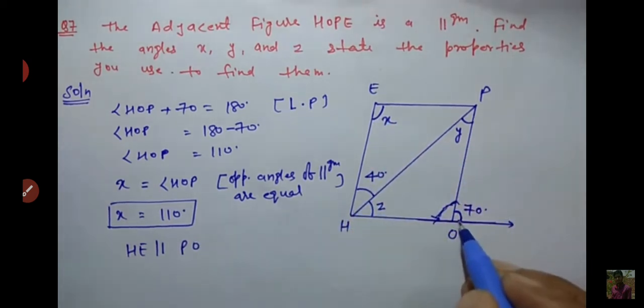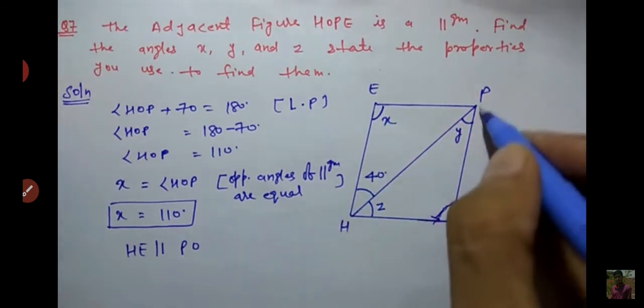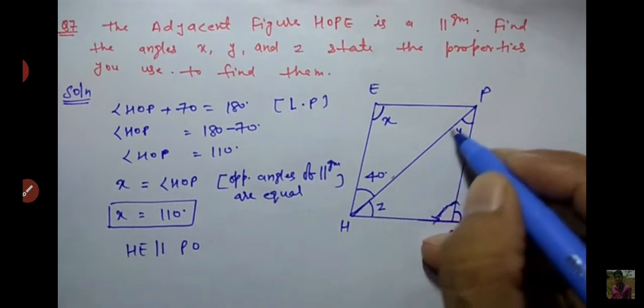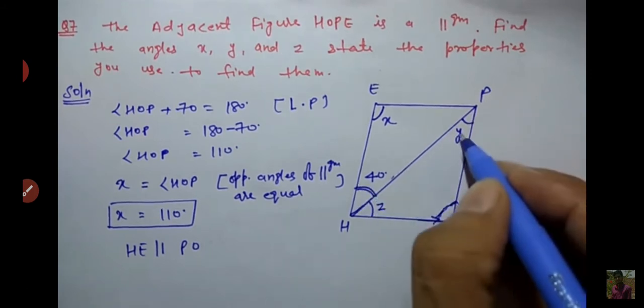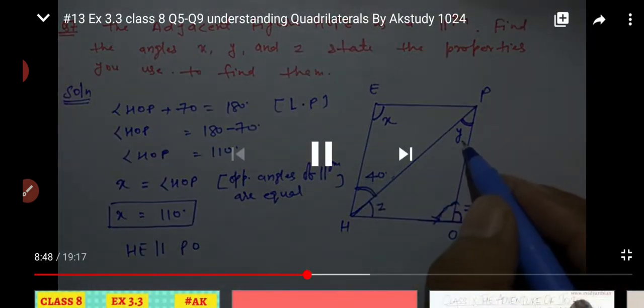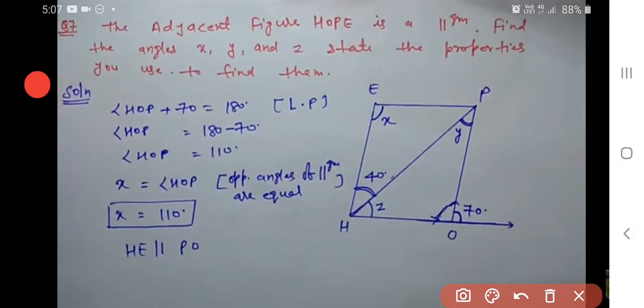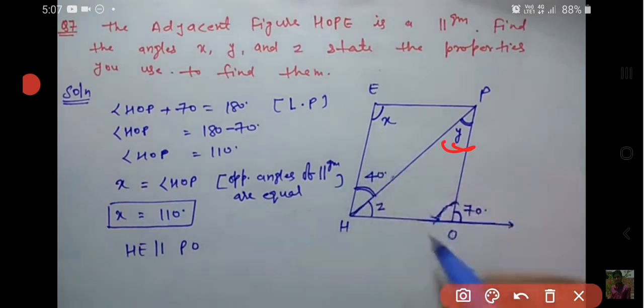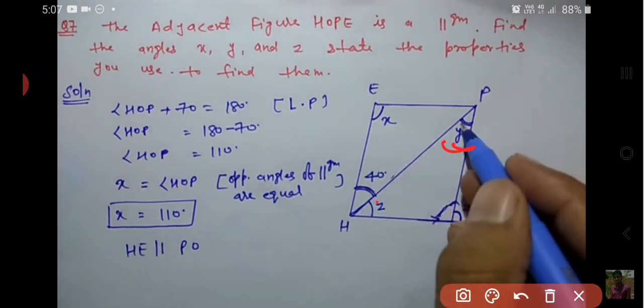See, HE is parallel to PO and HO is going on. You know about the transversal. If I tell you this is our transversal, and this angle is 40, then this is also 40. Y is again 40.